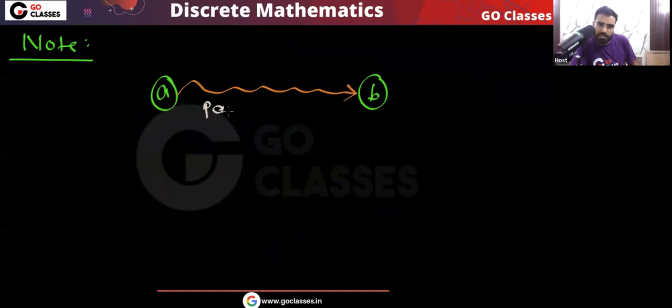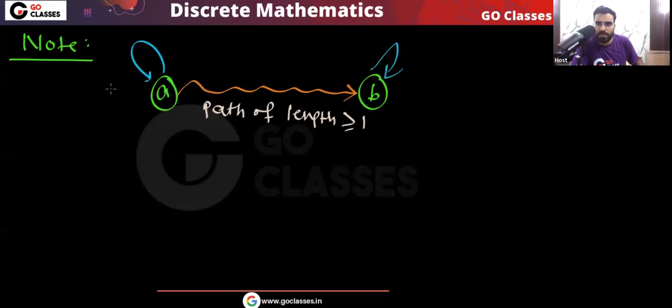Tell me one thing. In a graph, from A, let's assume B is reachable by a path of length at least one. Now you tell me, if I add a self loop, will the reachability change? The reachability will not change. Do you agree with me?